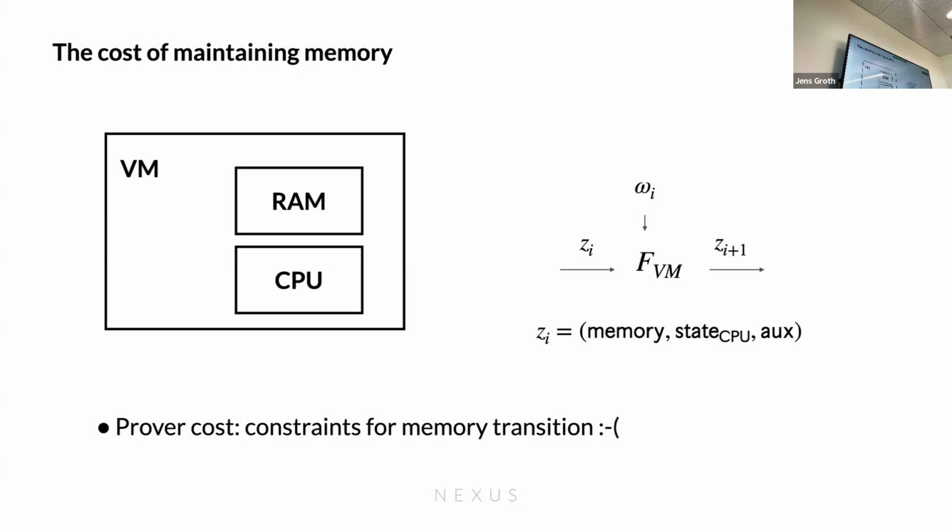Then we run it and it updates the memory, it updates the state. The problem here is, of course, that the memory might be really big. So now you have a really heavy state transition function, which is unnecessarily expensive. There might be many memory addresses that we're not even using for anything, so they're not touched, but they're still in the state and you have to carry them over.